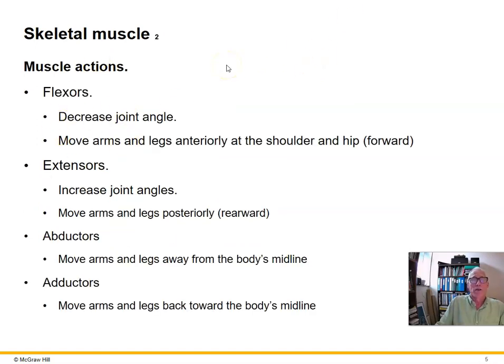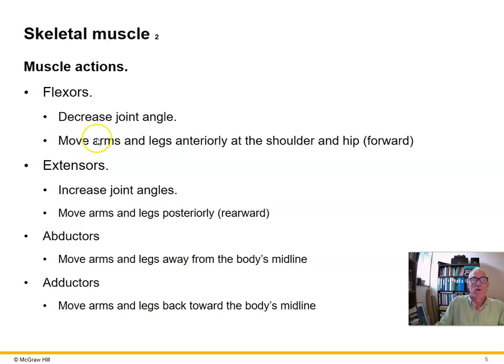Well, we have some terminology to describe various muscle contractions that will help us be efficient in our discussions. Flexor muscles are ones that either decrease the angle between bones at a joint, such as if you're flexing your forearm, the angle between your forearm and your upper arm is diminishing.